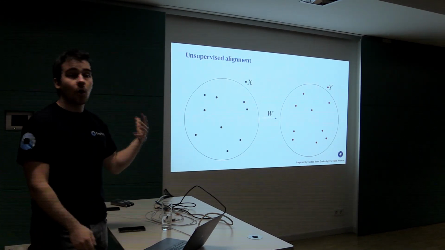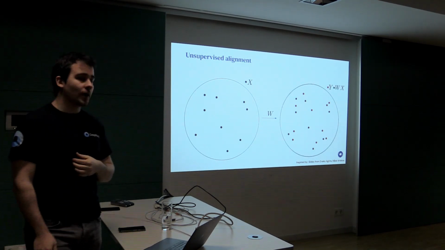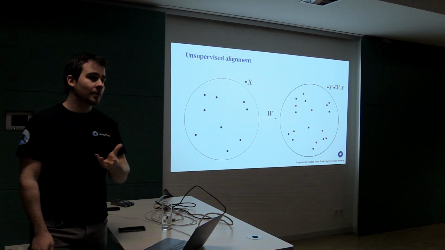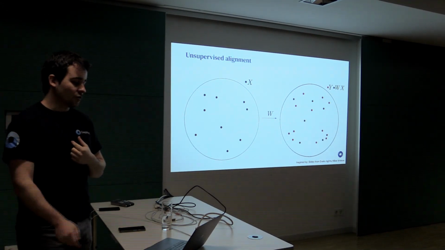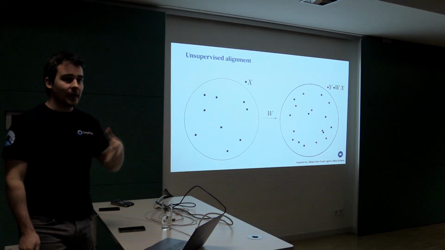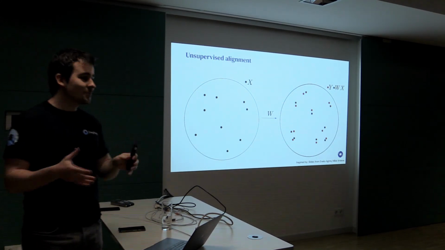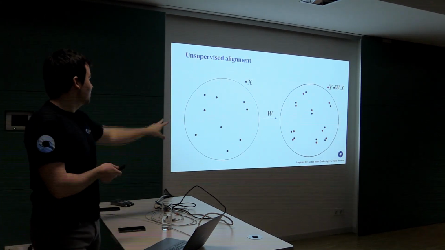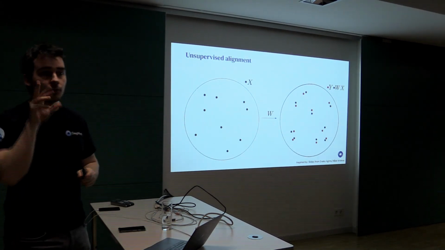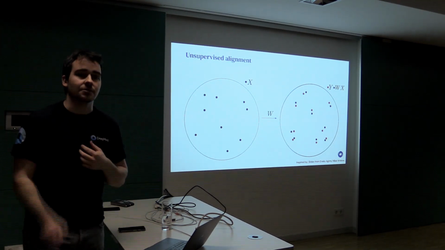And now the hope is that our generator, by consistently trying to generate and project these embeddings into the target language embedding space and optimizing that objective, will find over time a better and better alignment, and in the end, that alignment that minimizes the distance between the two distributions also puts together points that correspond to translations as well.